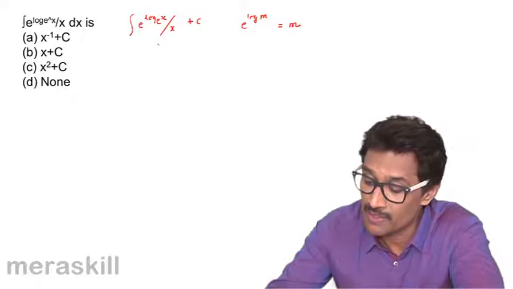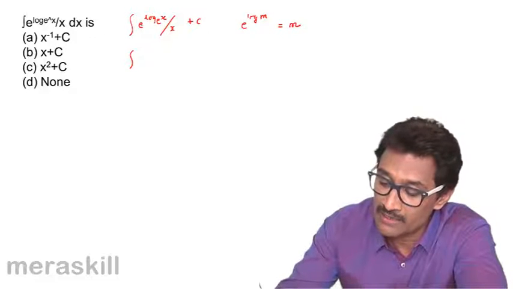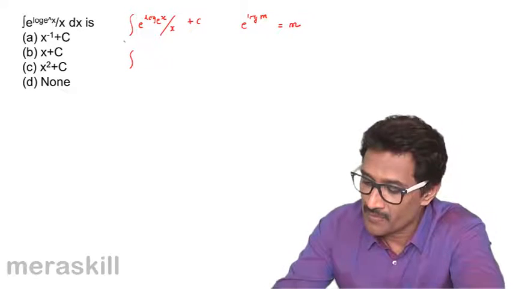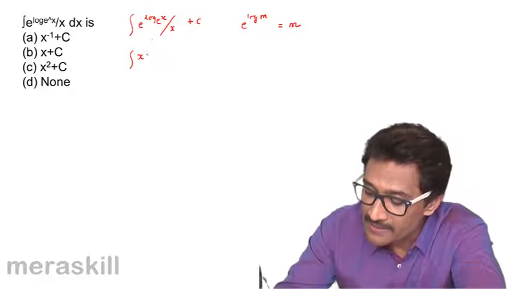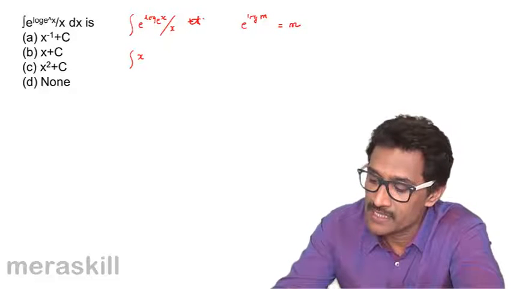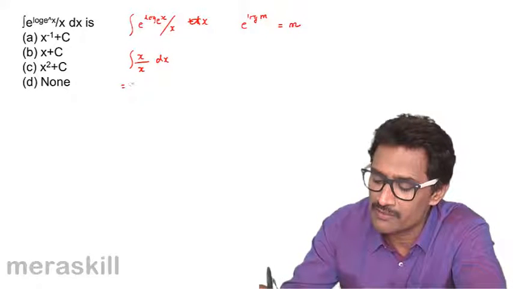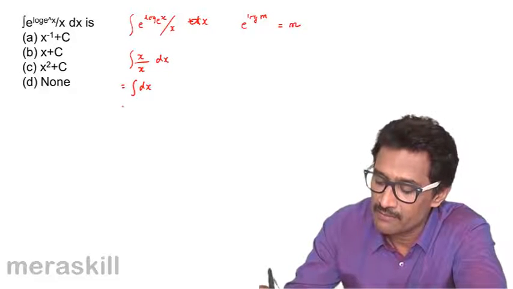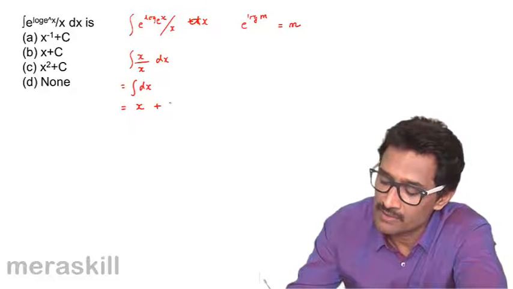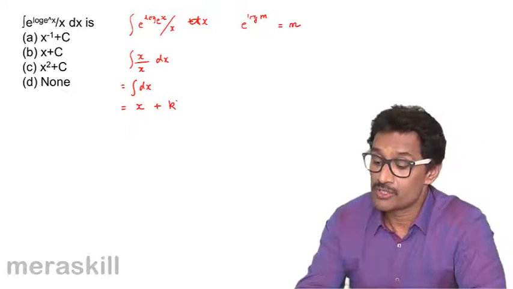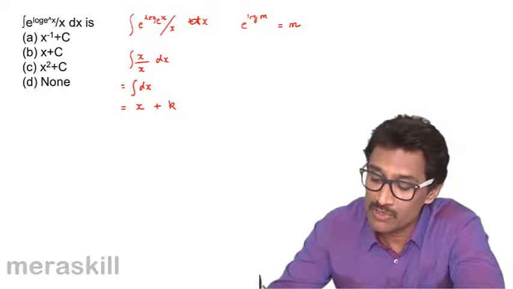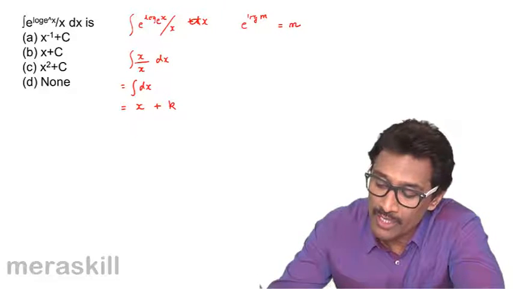So, for example, here, this is nothing but e raised to log x. So, it's going to be x itself. And this dx we need to find, x upon x dx, which is eventually dx, which is going to be x plus a constant, say k. So this looks a little tricky, but it's actually e raised to log x to the base e.